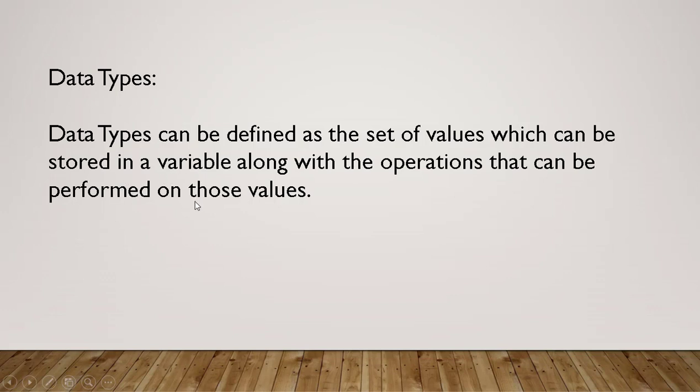Different operations can be performed, like addition, multiplication, subtraction. These are the operations that can be performed on those values. So this is known as data type: a set of values which can be stored in a variable, along with the operations that can be performed on those values.